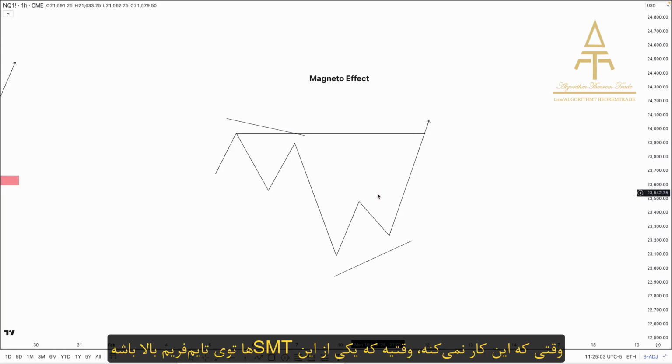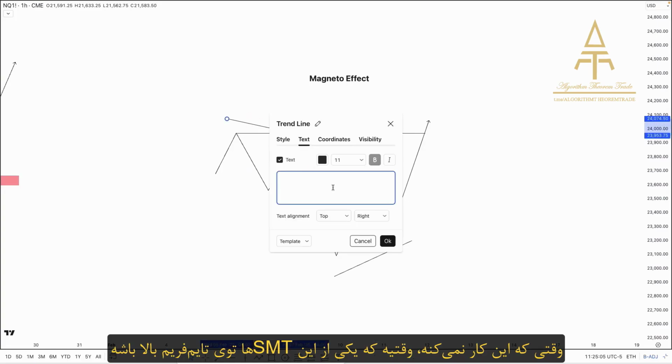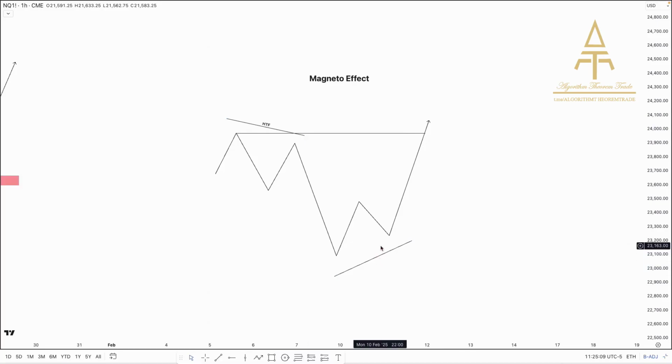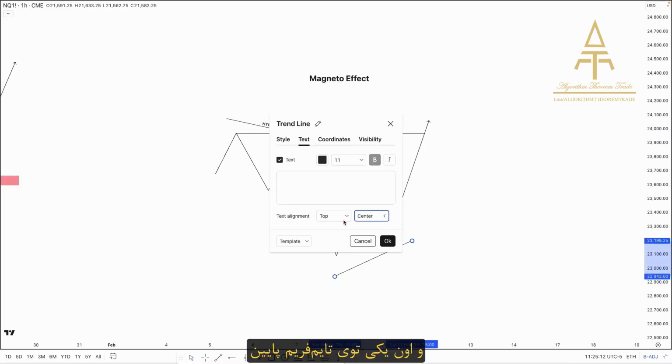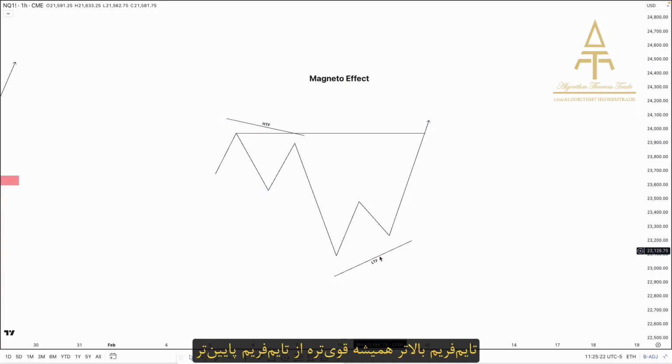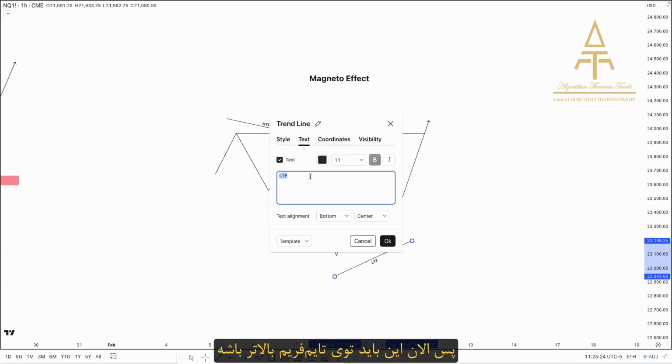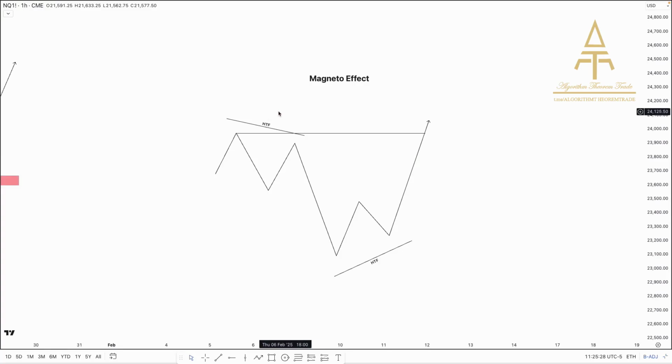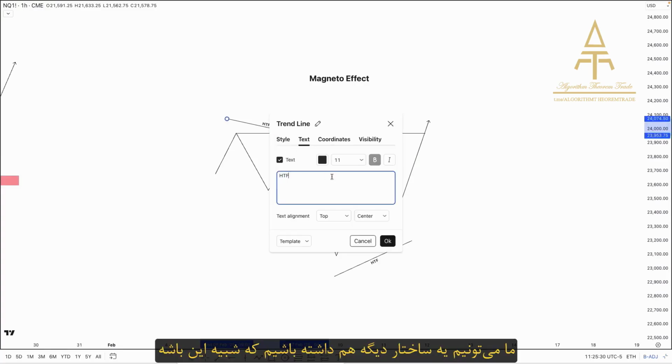When this does not work is when this is on the higher time frame and this is on the lower time frame. This would not work because we know, and we've been taught from the very beginning, that the higher time frame trumps the lower time frame. So this would need to be on the higher time frame. We could also have something that looks like this.